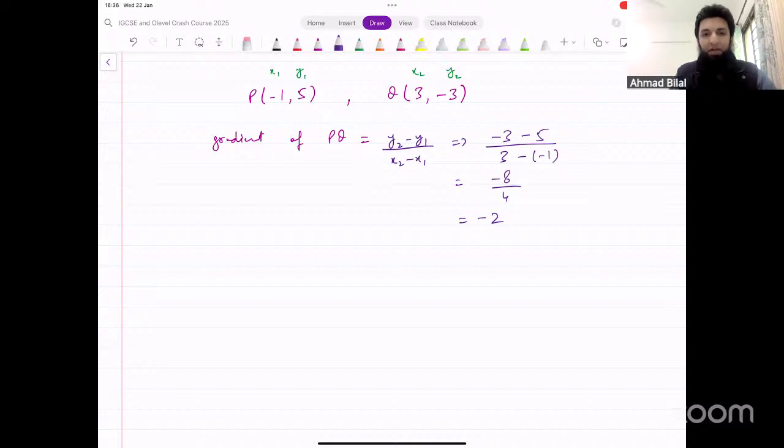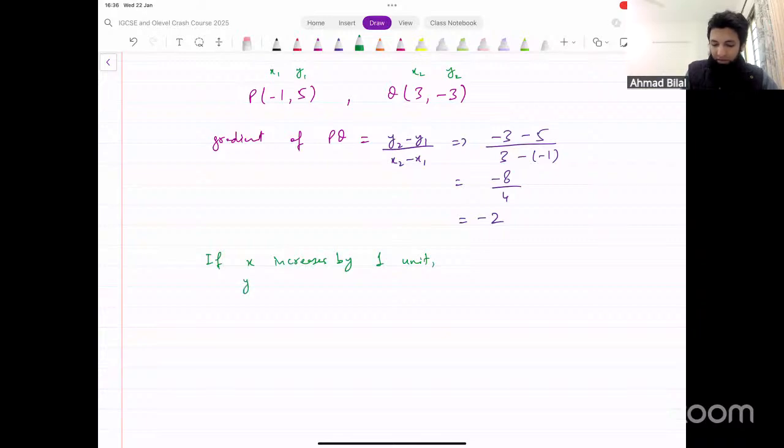How do you understand this? This means that if x increases by 1 unit, y decreases by 2 units.